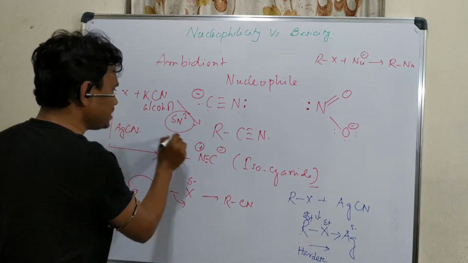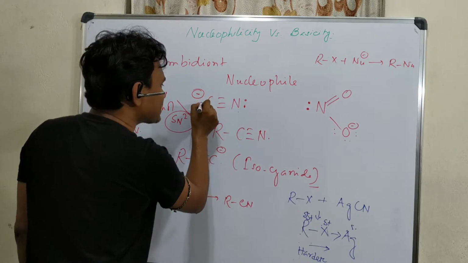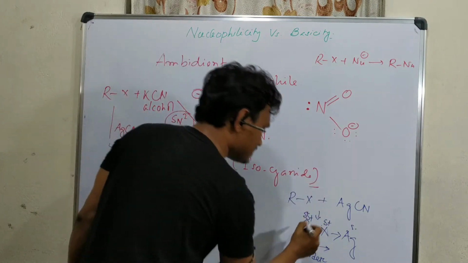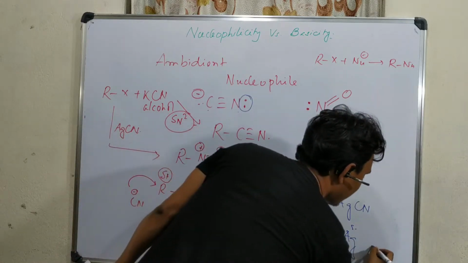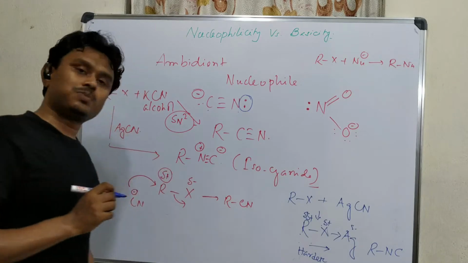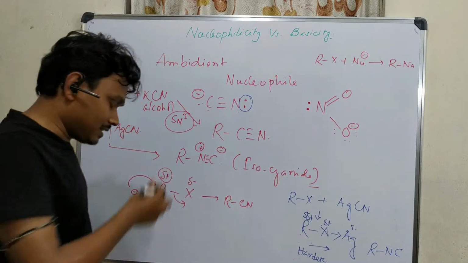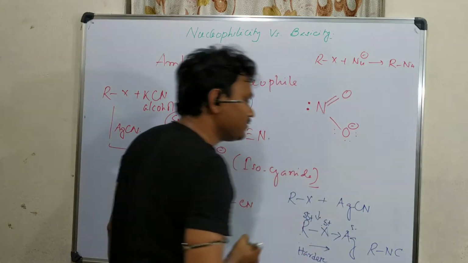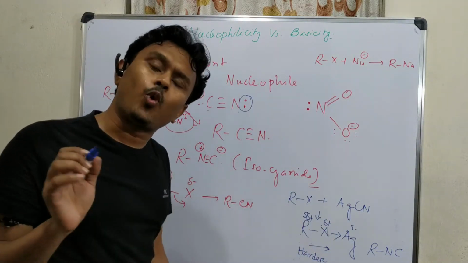At that time, instead of this carbon, it prefers to attack using the nitrogen, and this attack results in RNC formation.